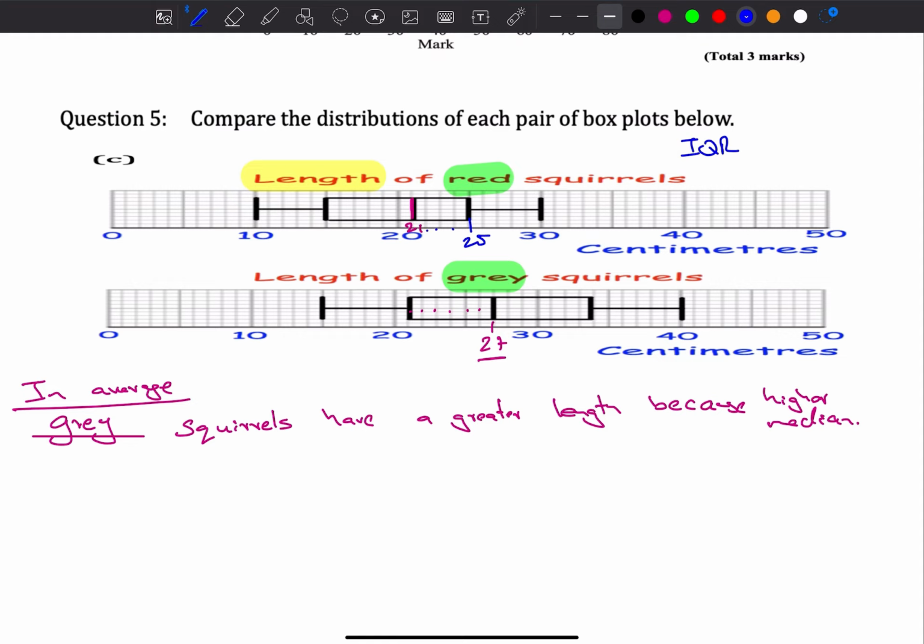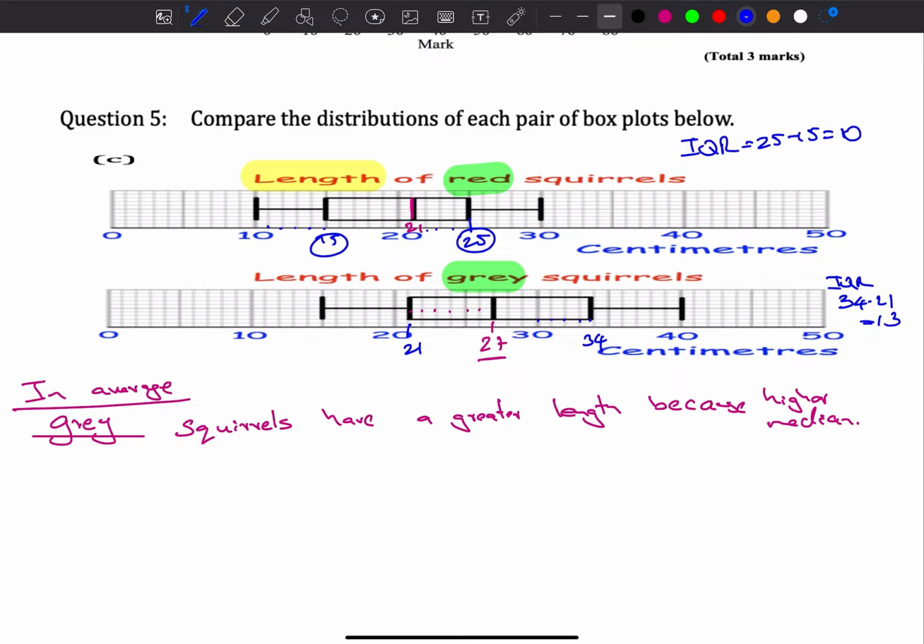That's 25, and that's 11, 12, 13, 14, 15. 25 to 15, because upper quartile take away lower quartile, yeah? 25 take away 15, that's 10. That's 30, 31, 32, 33, 34, and that's 21. So the interquartile range here is 34 take away 21, which is 13.